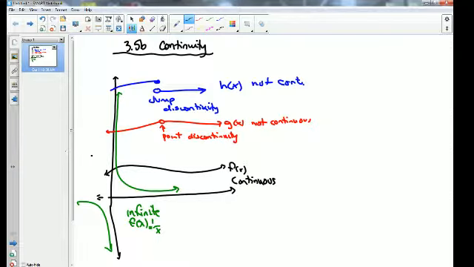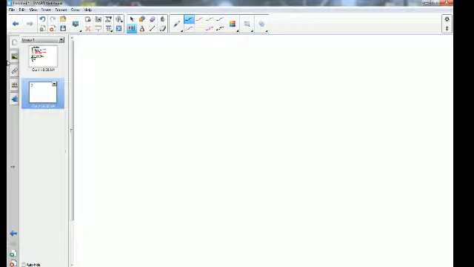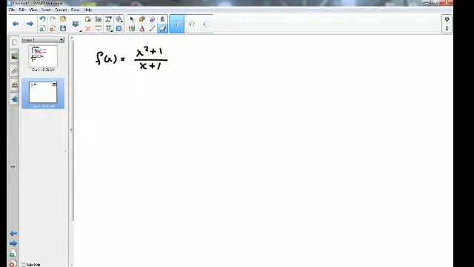Let's get a little bit more specific and talk about this function. Let's make that a minus. Is that x squared minus 1?